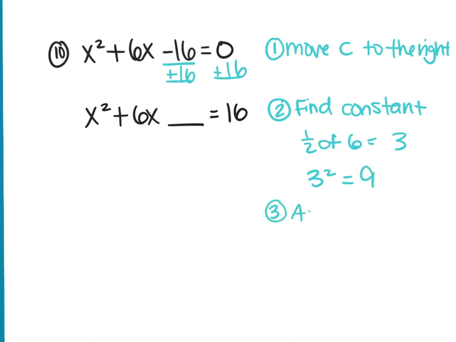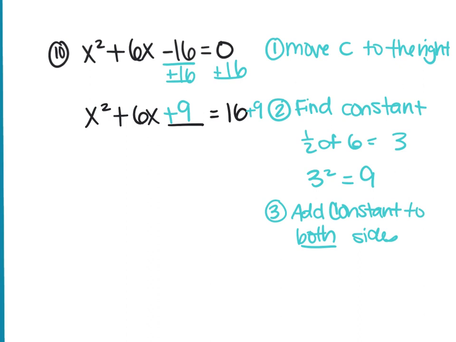Okay, and I add that to both, so add the constant, and this is the part that's tough to remember, to both sides, okay? So like left and right. So if I add 9, it's just 9, right? But if I add it to 16, it's going to be different. So let's simplify that.